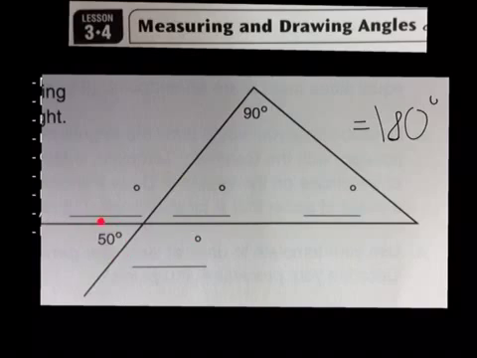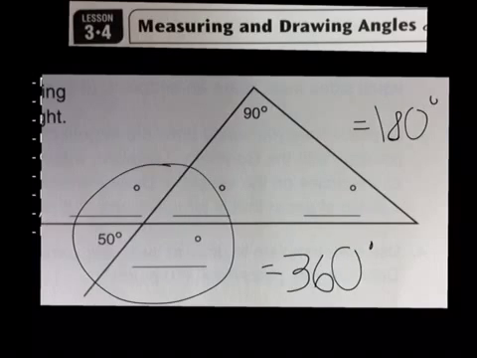Okay, so this 50 plus a number must equal 180. Okay, and the sum of all 4 right here must equal 360 degrees. And you've already got the 50. And remember that angles that are adjacent to one another, such as these two, equal 180. And angles that are vertical, such as these two, are equal.